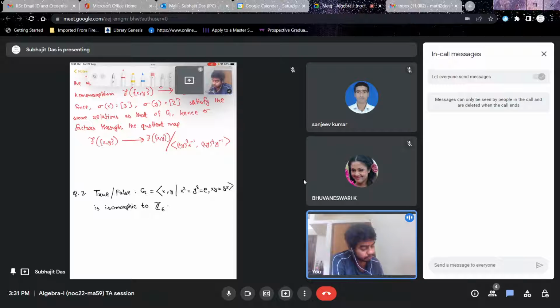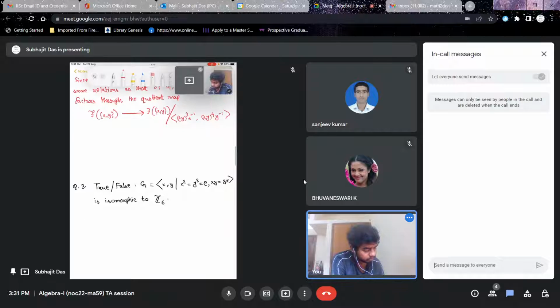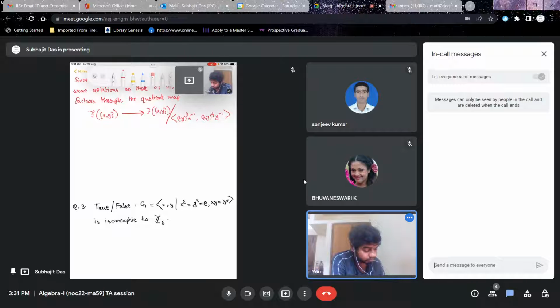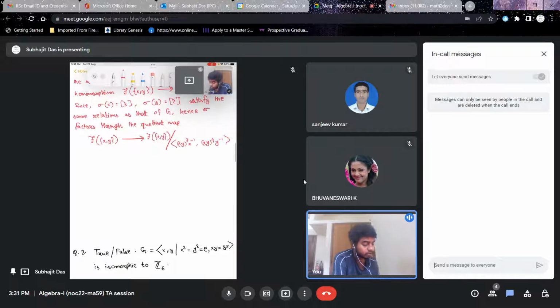Let me make some space here. Okay, so this factors through this quotient map, but this second group, as we know, is just as we have defined the presentation of a group, right?